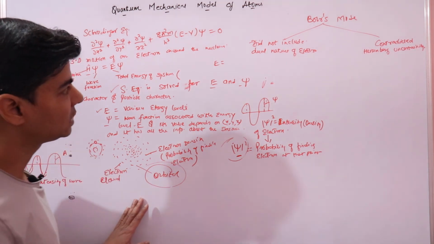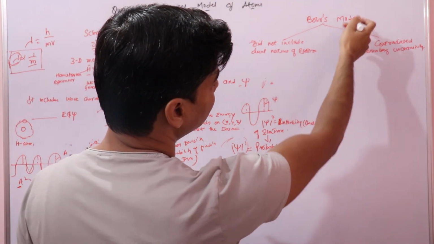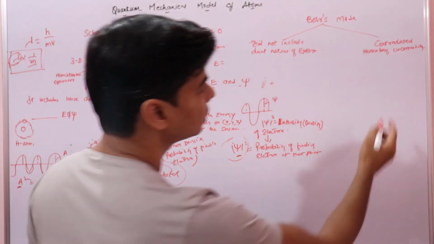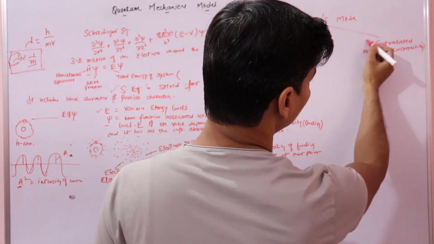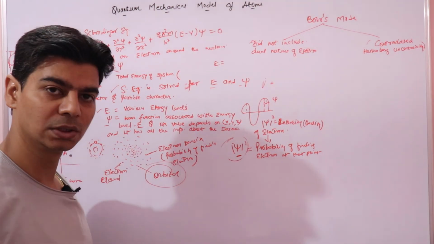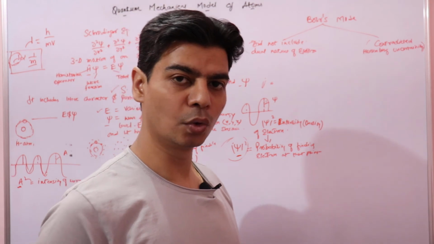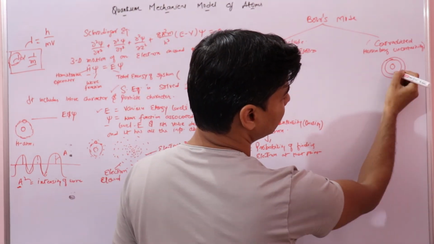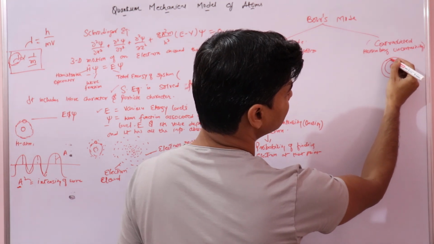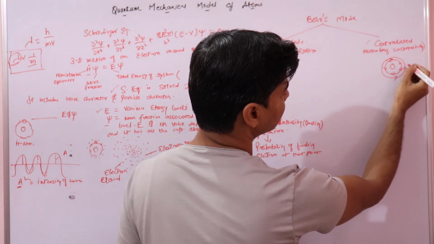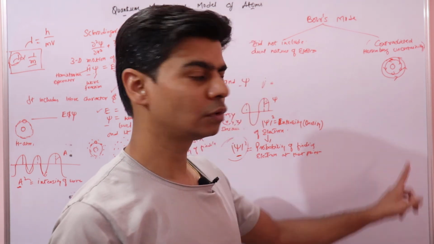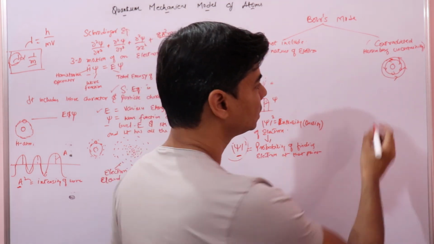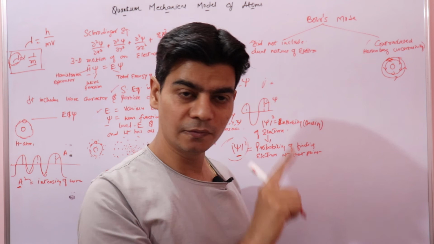Now let's see how Bohr's contradictions are solved. It talked about the contradiction of Heisenberg's uncertainty principle, because in Bohr's model we defined these paths, that electrons are moving in well-defined orbits.